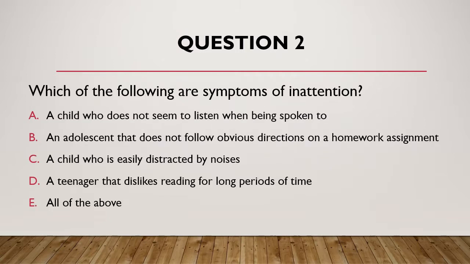Question 2, which of the following are symptoms of inattention? A, a child who does not seem to listen when being spoken to. B, an adolescent that does not follow obvious directions on a homework assignment. C, a child who is easily distracted by noises. Or D, a teenager that dislikes reading for long periods of time.